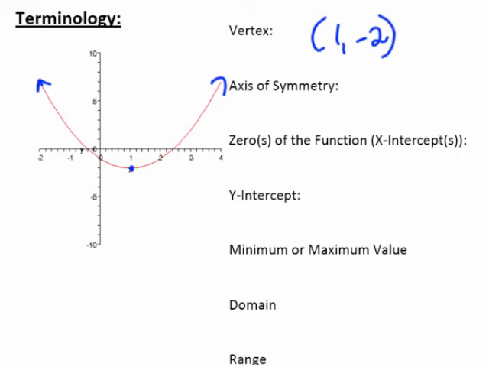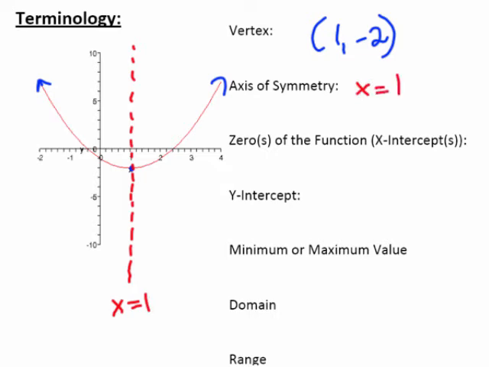The axis of symmetry is the line about which we could reflect the graph and it would match itself. So the axis of symmetry is this line right here. If you fold your parabola across that, it's going to match itself. So what's the equation of that line? x equals 1.